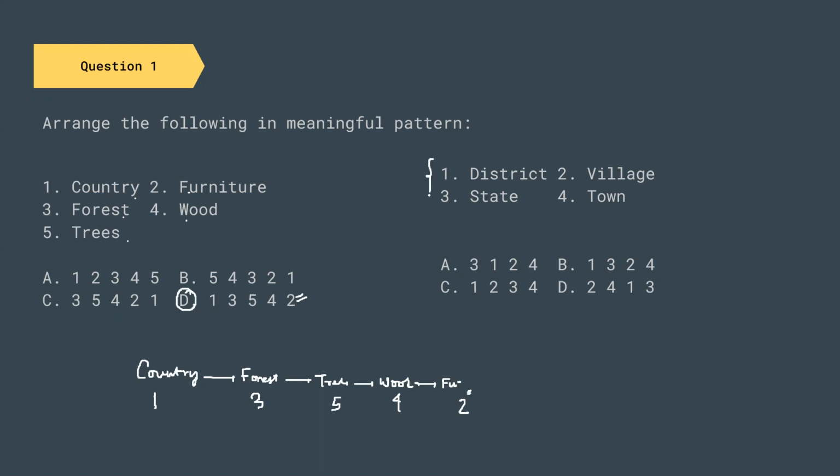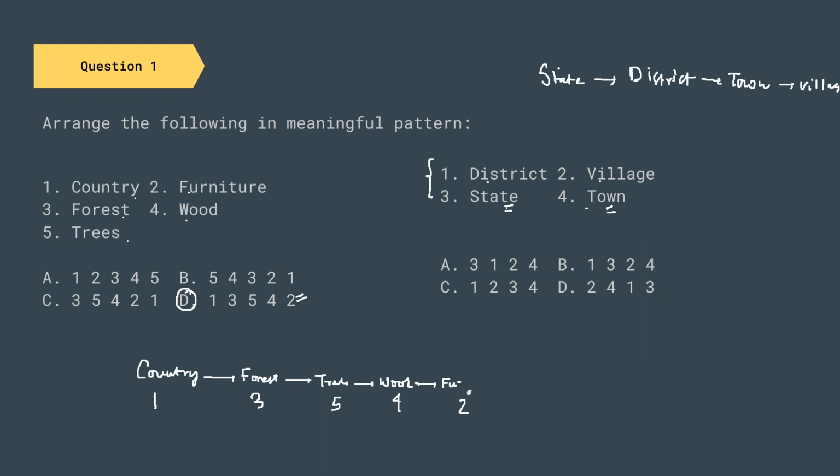Similarly, we can see this question. We have district, we have village, we have state, and we have town. So we can try the subset method again. We start with state. Then state will have district. District will have a town, and town will have a village.